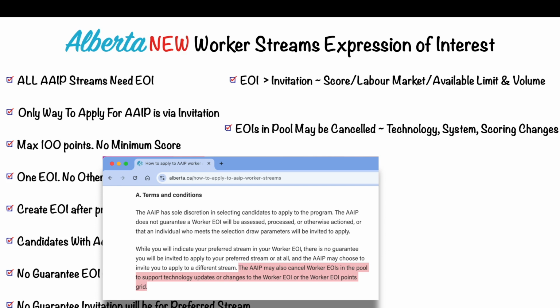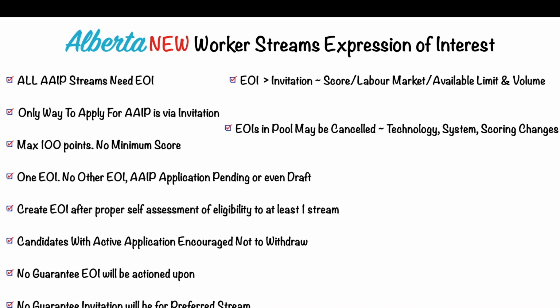Now tomorrow, if for any reason to improve the system, the point system is changed or this expression of interest system itself is abandoned, all expressions of interest in the pool would be cancelled. Understand that this is not a paid application, and this is not an application at all. This is just an expression of interest that people are expressing for migrating to Canada via the Alberta PNP. It's only an expression of interest.